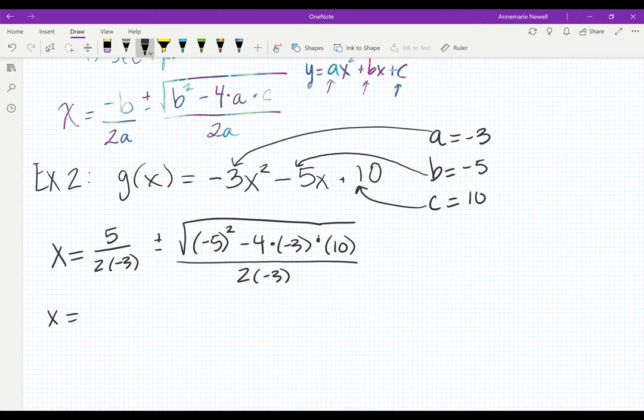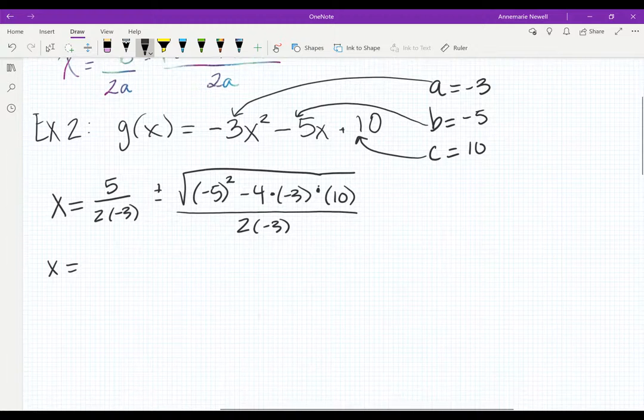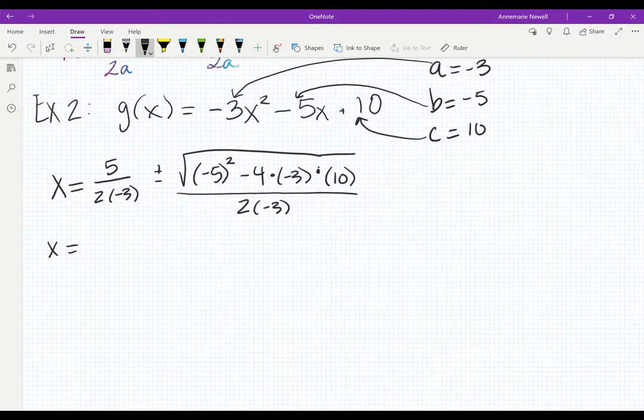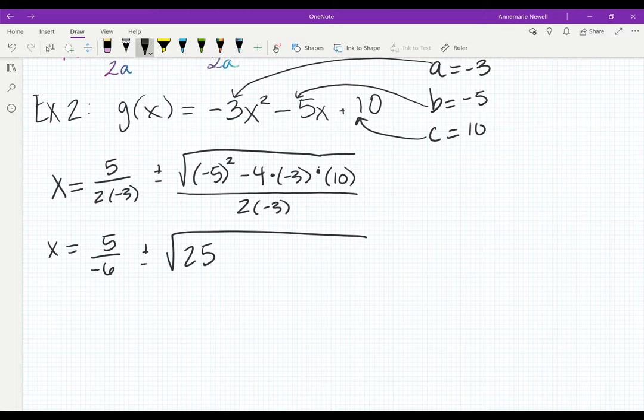So x is equal to 5 over negative 6 plus or minus the square root. Negative 5 times negative 5 is a positive 25. I have, let's highlight this, one negative and another negative, which means it's going to be positive.